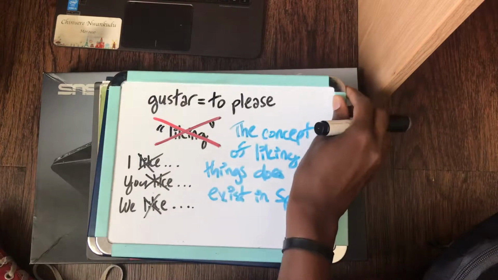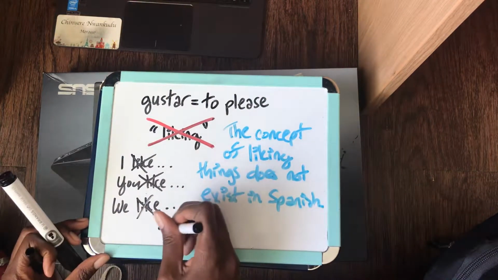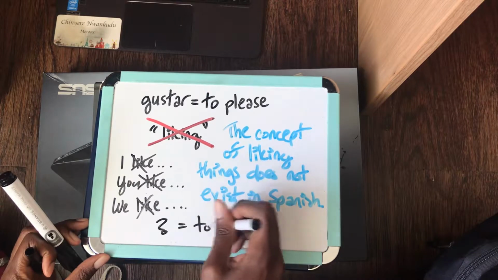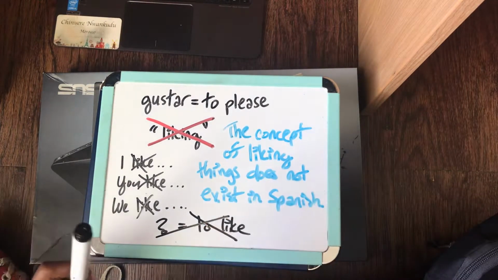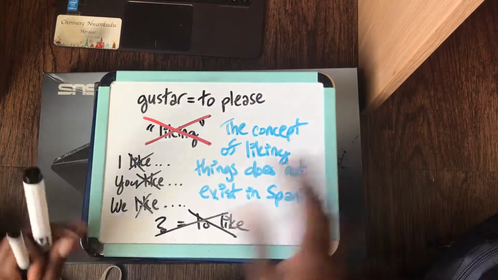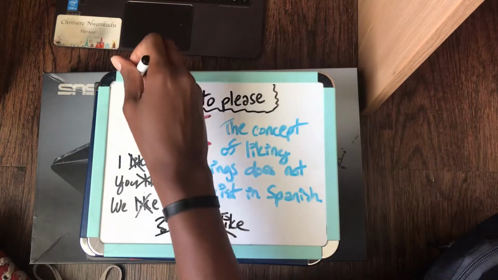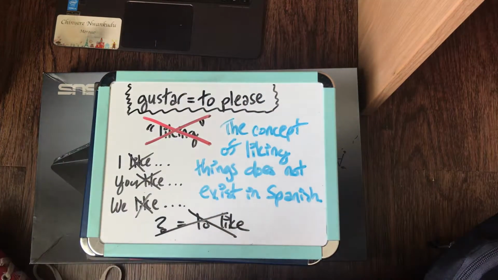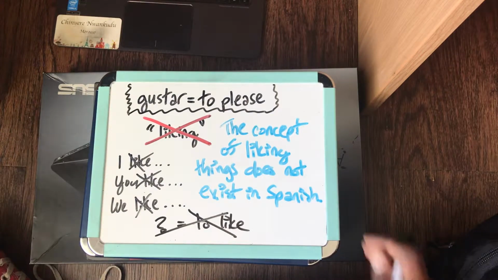So I'm going to take this back. Because we do not have a verb that equals to like, there's no verb that equals to like in Spanish. What we do have is a verb, gustar, that means to please. And this is going to be our substitute for anything we want to use the English verb to like with.